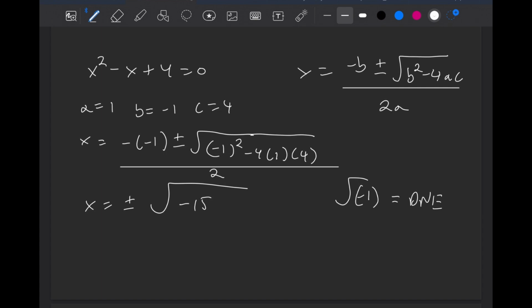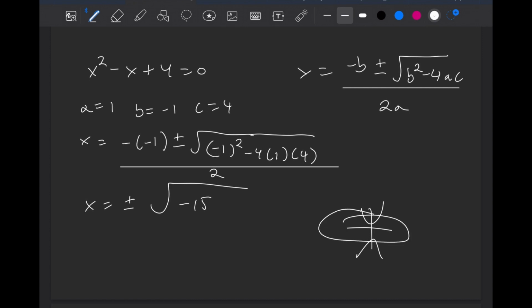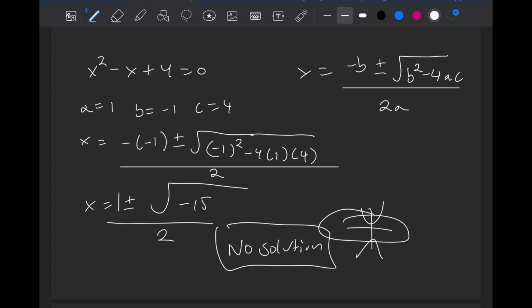So therefore, this would have no solution, meaning that the parabola is probably either above or below the 0 here. So no solution is what we would write if you had this on the exam.